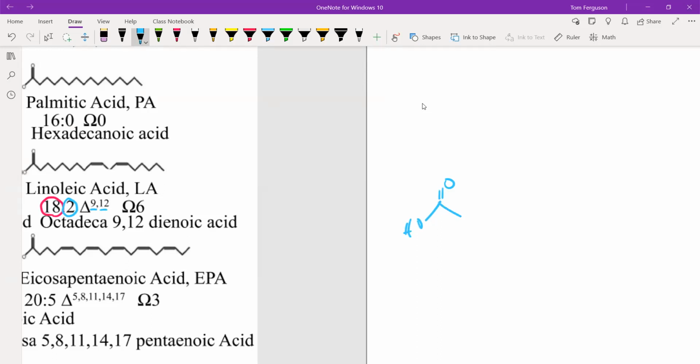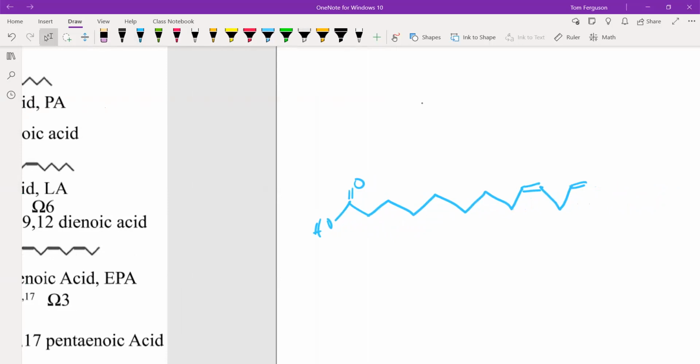So 1, 2, 3, 4, 5, 6, 7, 8, 9, double bond, 10, 11, 12, double bond, 13, 14, 15, 16, 17, 18. So this would be 18:2 delta 9, 12.